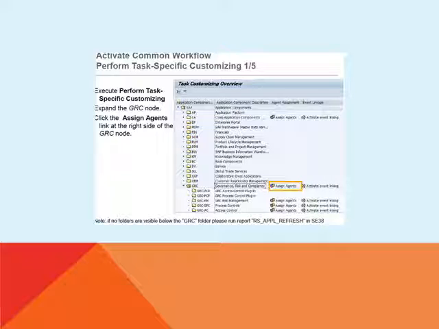I'll repeat the workflow again. First, execute transaction SPRO, click on SAP Reference IMG, go to Governance, Risk and Compliance, General Settings, and in that you find Workflow and select the second option, perform task specific customizing.